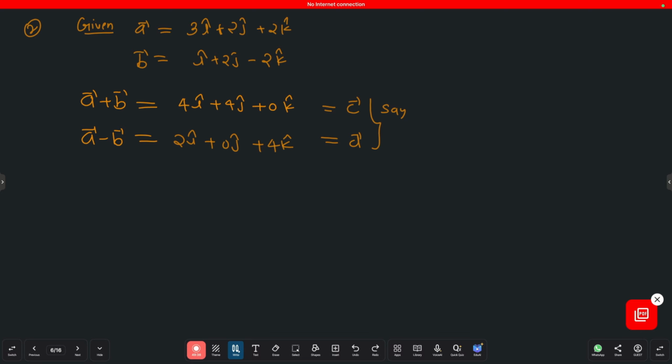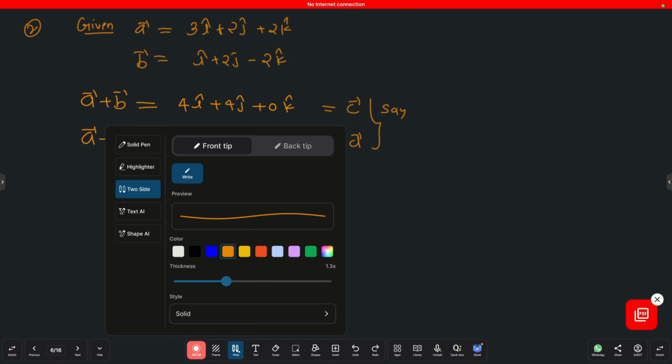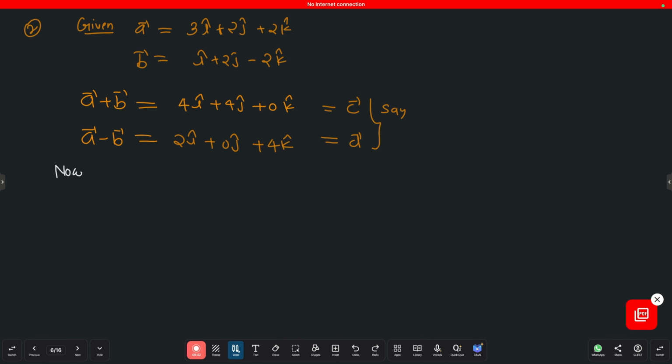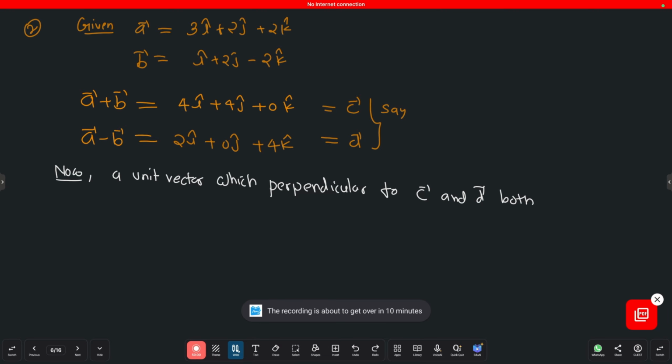C means A plus B. D means A minus B. So now a unit vector n cap which is perpendicular to C and D both equals C cross D. Now that is perpendicular, but if I need a unit vector, I will divide by the magnitude of C cross D. Do you have any doubt?